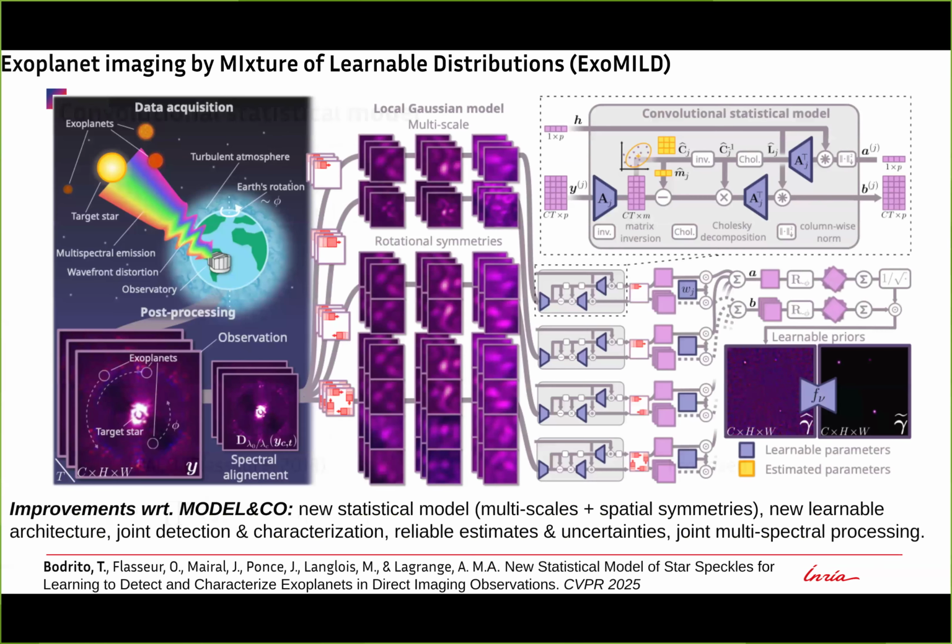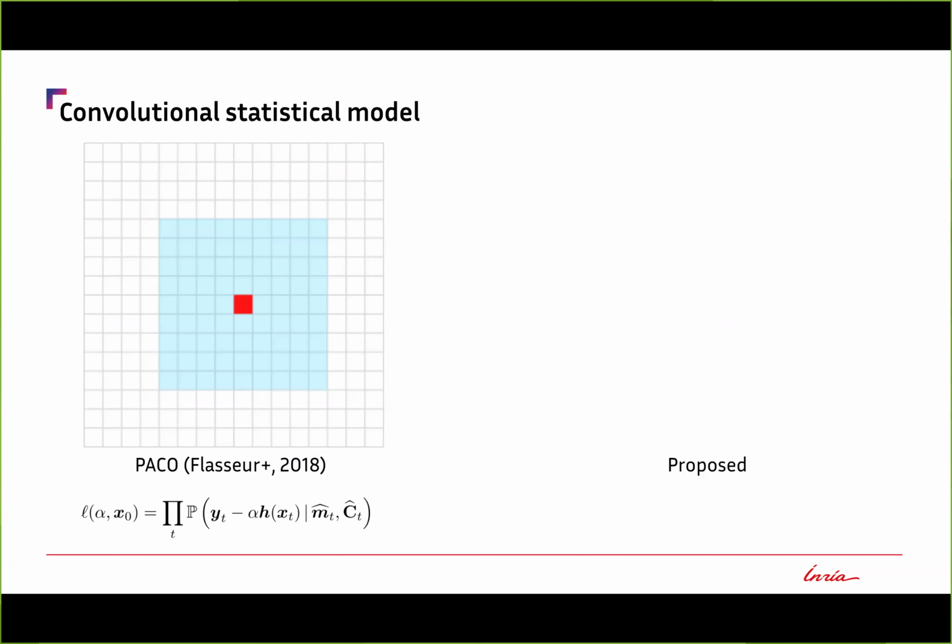So I will first introduce the statistical model that is used here. With PACO, we had a model that is built on patches, and more precisely, for a given pixel, its distribution is determined by the patch that is surrounding it. So if you take two pixels that are next to each other, their distribution is only determined by the patch around it.